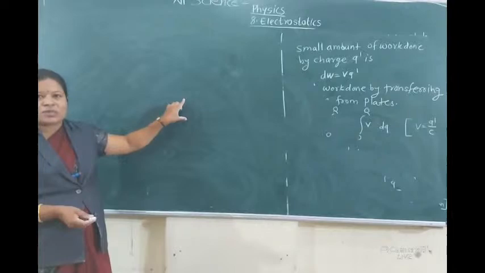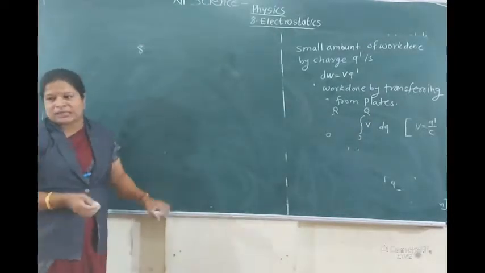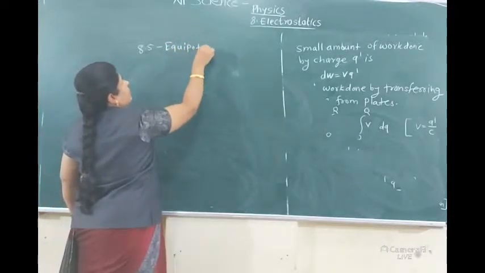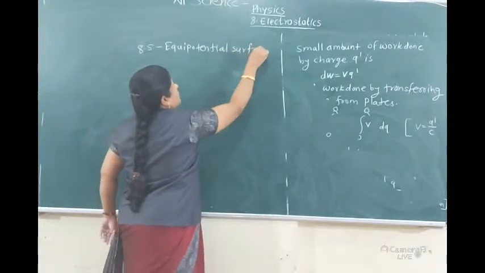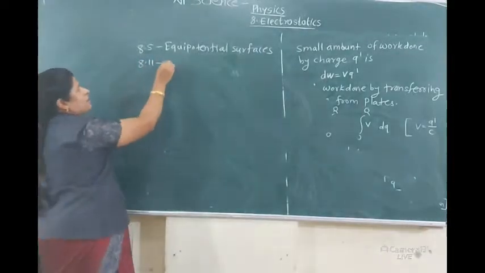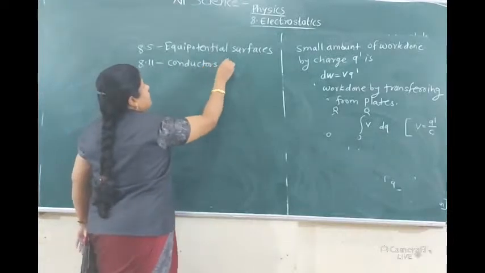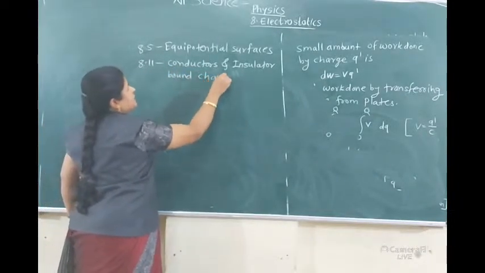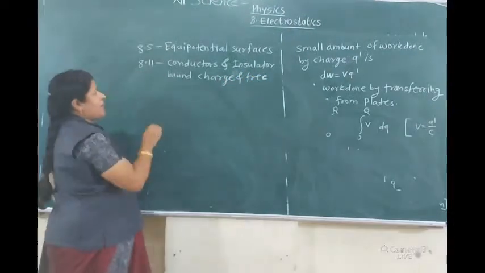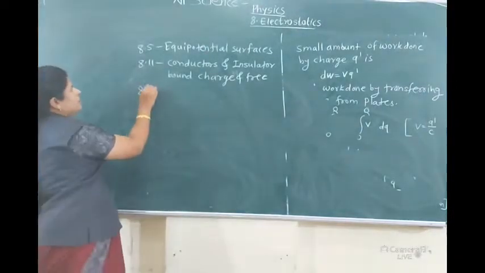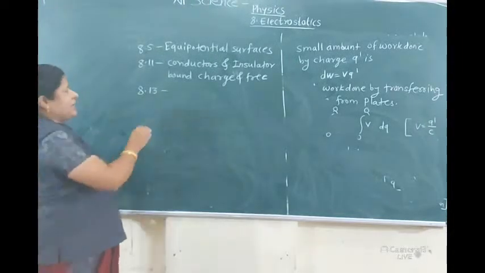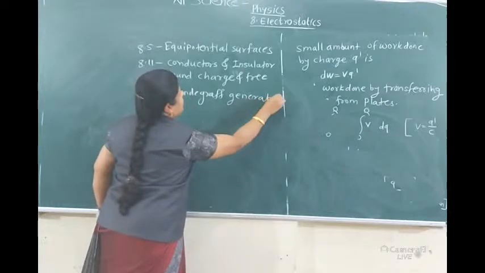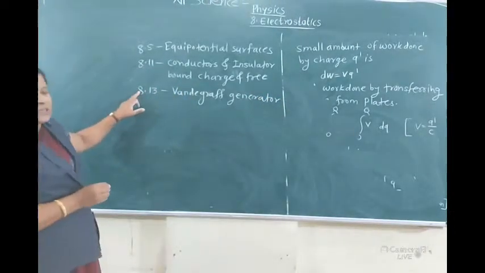So in this chapter also there are reduced topics, for example 8.5 equipotential surfaces, 8.11 conductors and insulators, bound charges and free charges, and 8.13 Van de Graaff generator and displacement current.